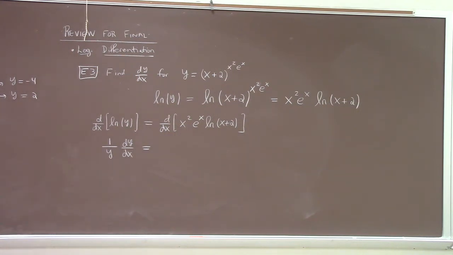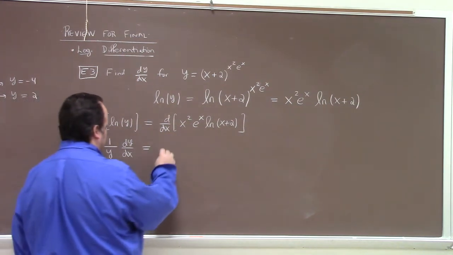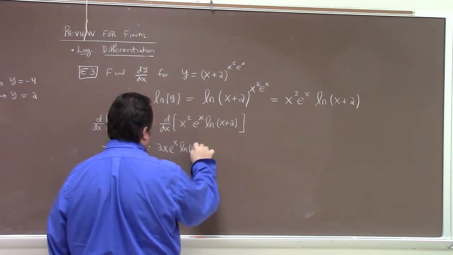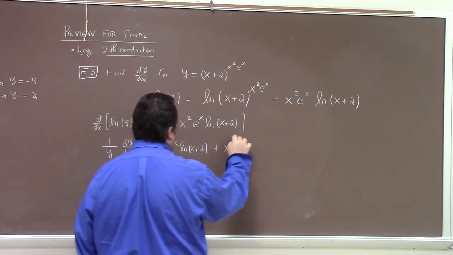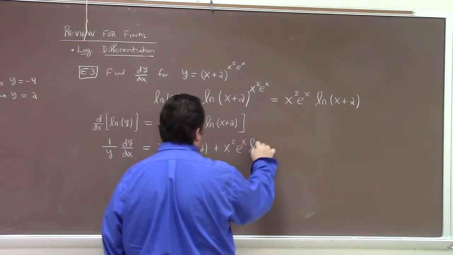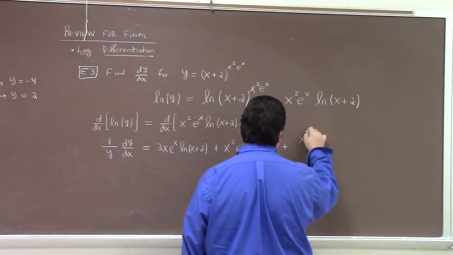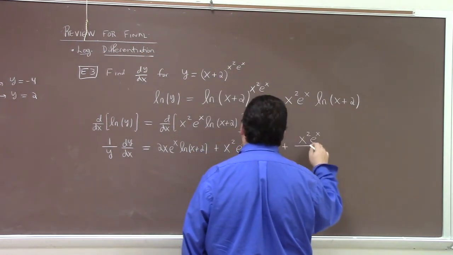On the right-hand side, we get 2x e to the x log of x plus 2, plus x squared e to the x log x plus 2, plus x squared e to the x divided by x plus 2.